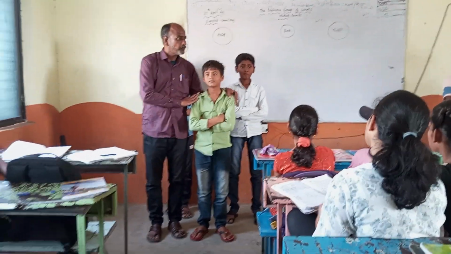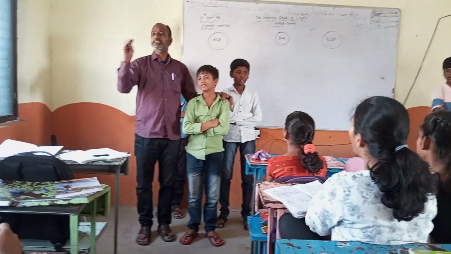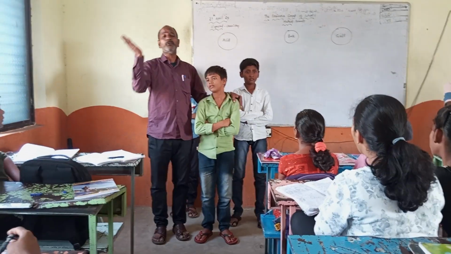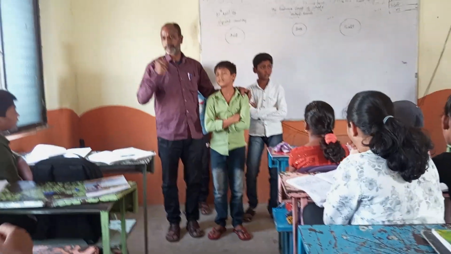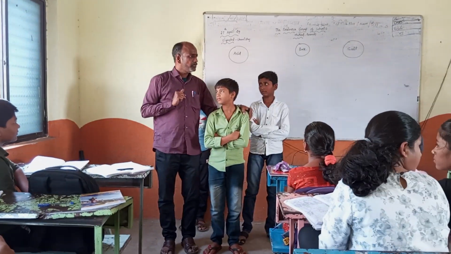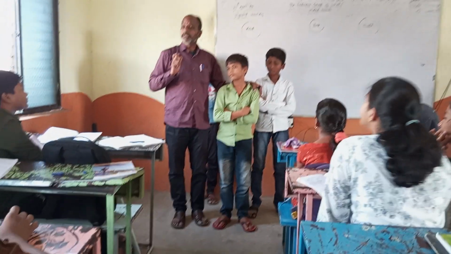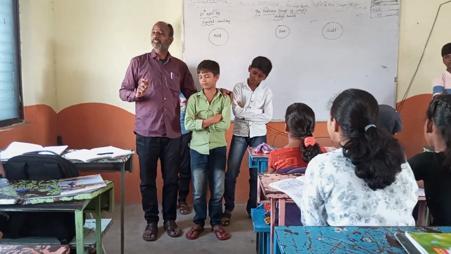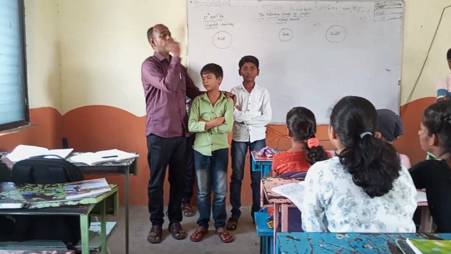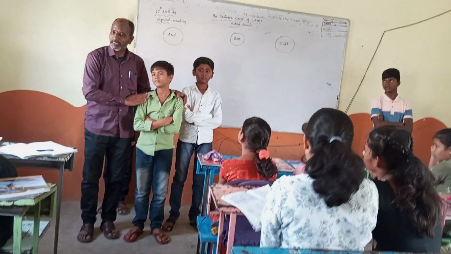What is base? The substance which contains more number of OH ions is called a base. Base is bitter in taste, and it changes red litmus paper to blue. How are these bases formed?